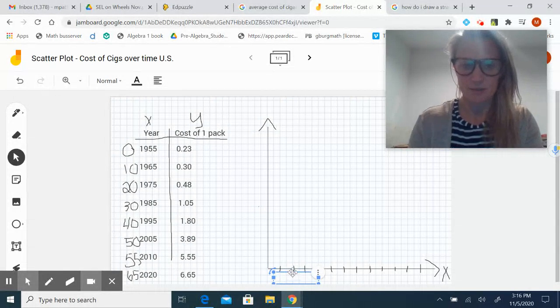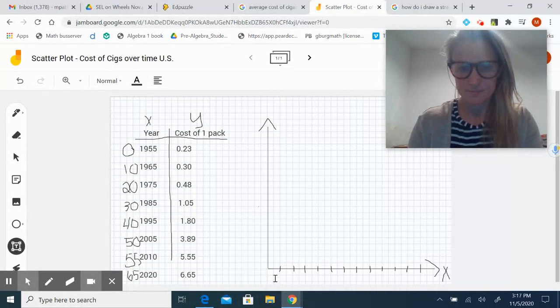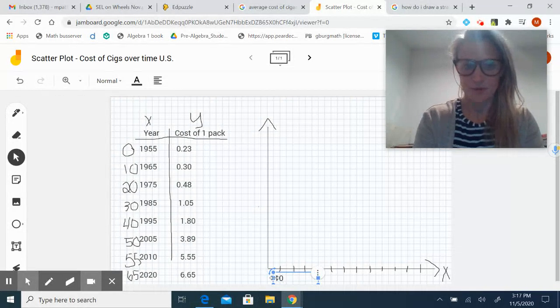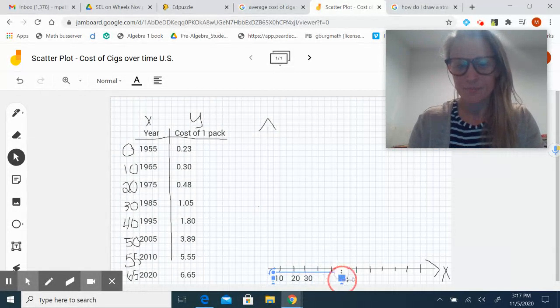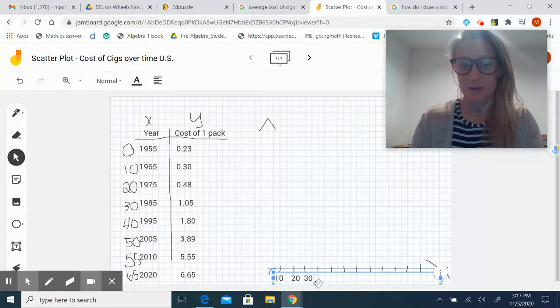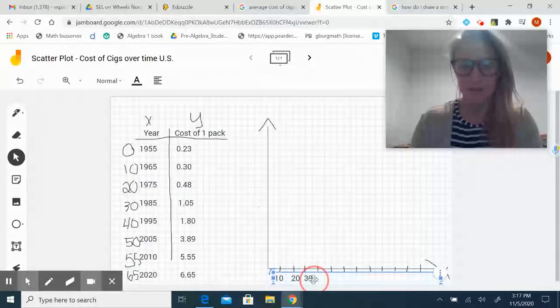Oops, technical difficulties here. Text box, did I do something wrong? Okay, and then I'm just going to space over. So this would be year 20, 30. Now, remember, I'm going to need some spots in between, but I'm just labeling my graph right now. So I'm going by 10s.